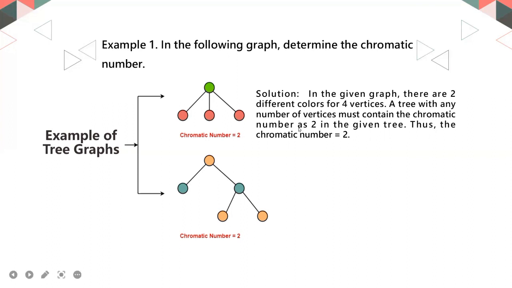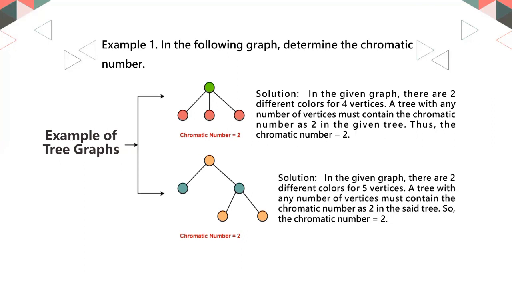A tree with any number of vertices must contain the chromatic number as two. Second example, in the given graph, there are two different colors for five vertices. A tree with any number of vertices must contain the chromatic number as 2. So the chromatic number is equal to 2.